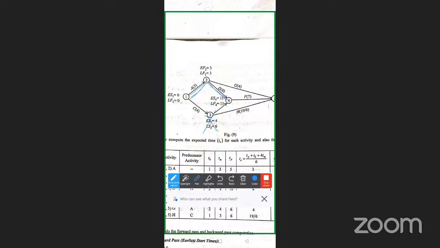Last, 18 is equal to 18. Therefore the path is 1 to 2, 2 to 4, 4 to 5, that is A plus D plus F. This is the critical path.